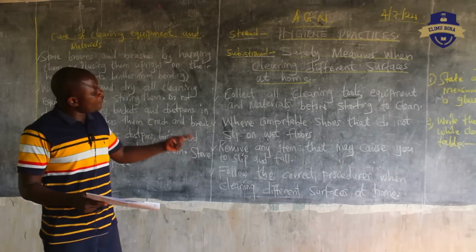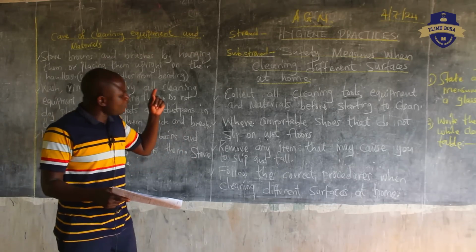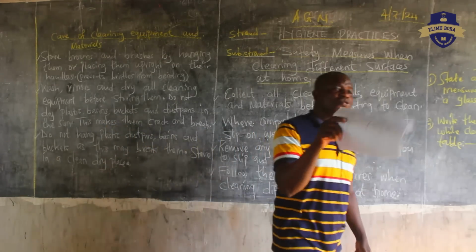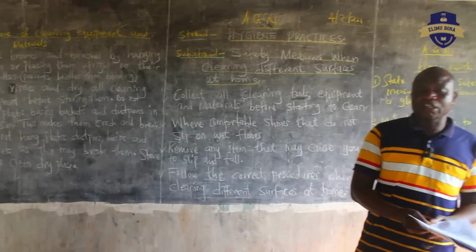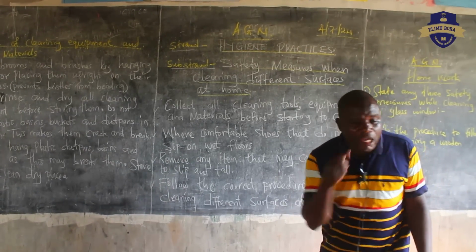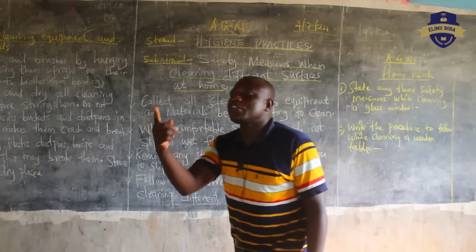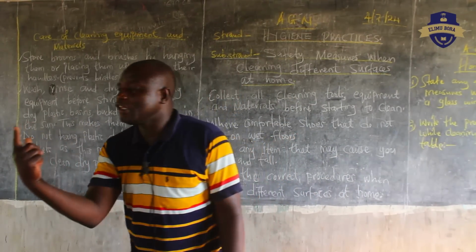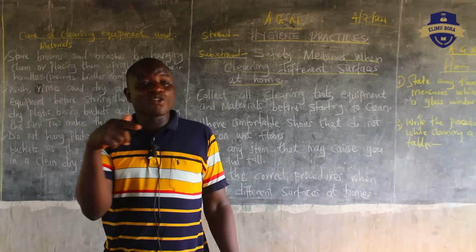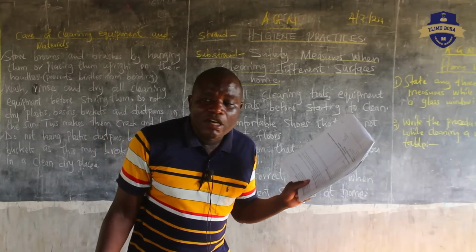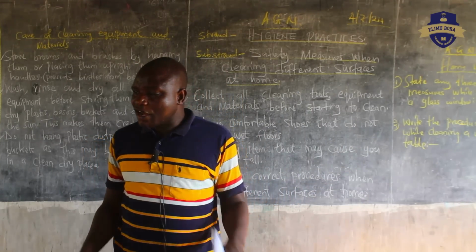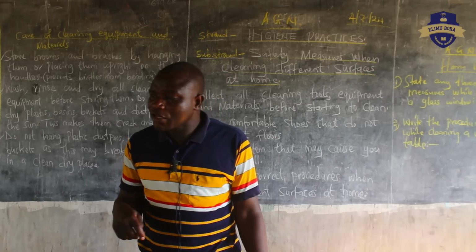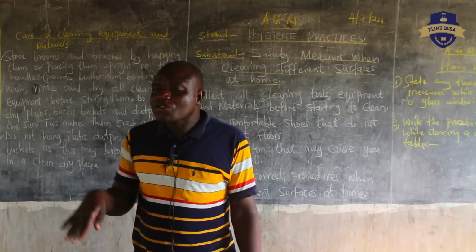Then we are saying remove any item that may cause you to slip and fall. Examples of items that might cause you to slip and fall are, for example, banana peelings. How many of you have eaten a banana today? Where did you throw those peelings? Or do some of you even eat the banana peelings?